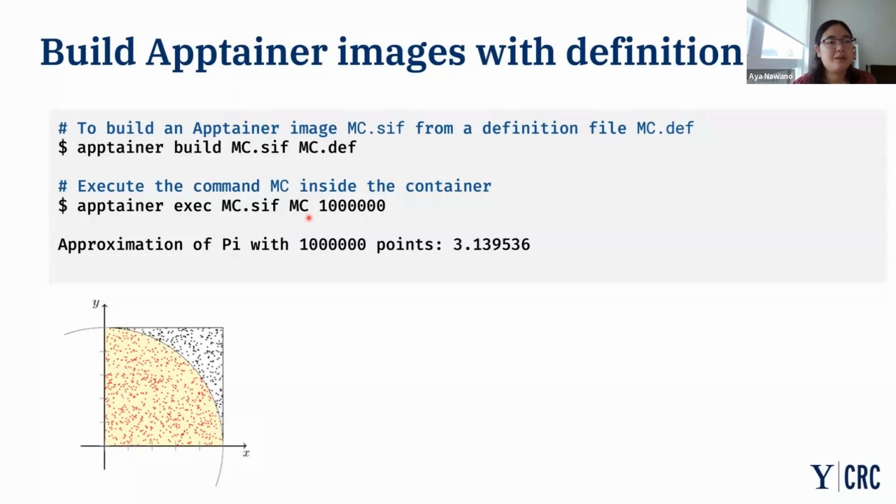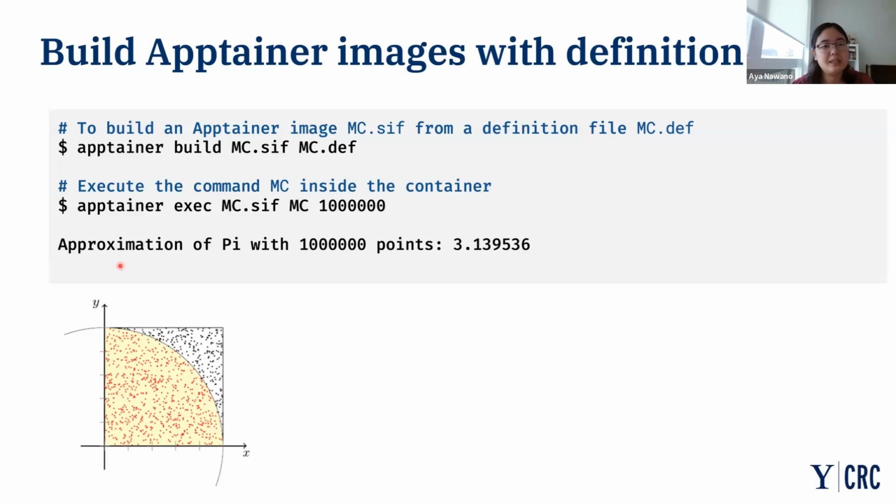The command is called MC, and the argument is the number of points that we want to generate. Here I set it to 1 million. Once MC 1 million gets executed within the container, it generates an output saying approximation of pi with 1 million points is approximately 3.14.